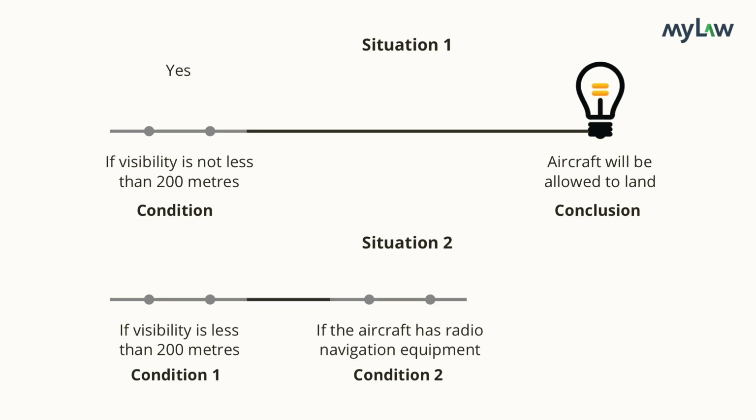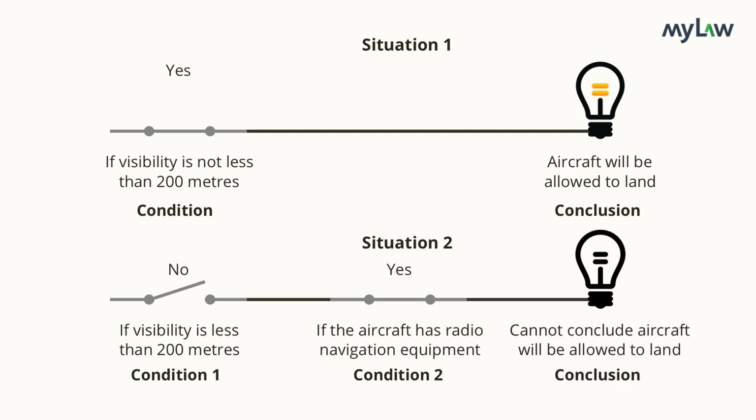The second switch only comes into the picture when the first one is on. That is, the question of radio navigation systems is only relevant when the visibility is less than 200 meters. This is important when we visualize this as a circuit, because the second one necessarily has to follow the first. The first switch will look at whether the visibility is less than 200 meters.